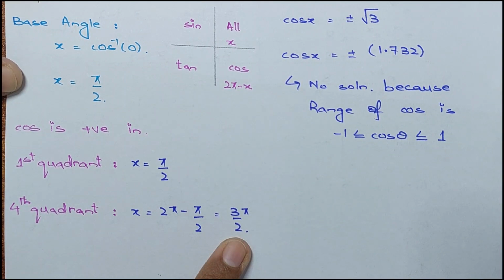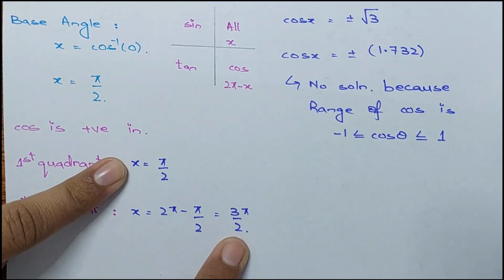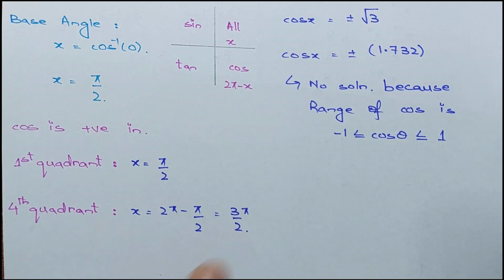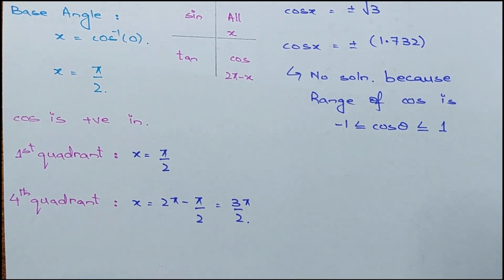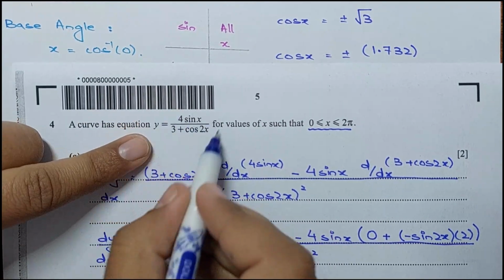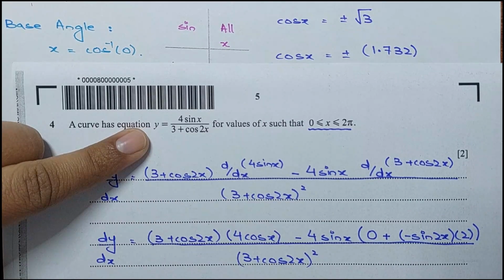These are the two x coordinates, because we need to figure out the coordinates of the stationary point. We are done with the x values, now we need to figure out the y values, right? So by substituting the x into the equation of the curve we get the y values. As you can see, the equation of the curve is y equals 4 sine x over 3 plus cos 2x.